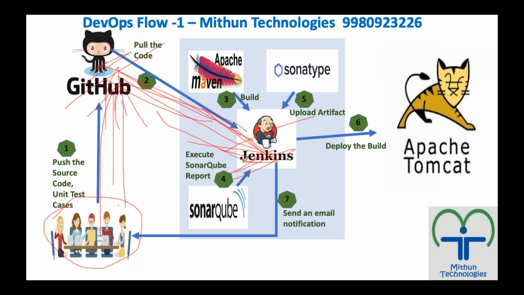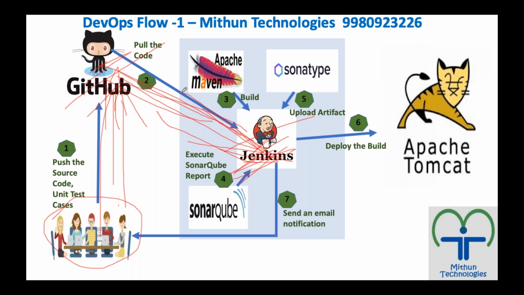So compared to Poll SCM, GitHub webhook is a good option, because if you use Poll SCM, so many resources are going to be used by Jenkins. Many server resources like RAM, CPU, and all. Because for the schedule time we have configured, Jenkins has to go to that GitHub and check, right?